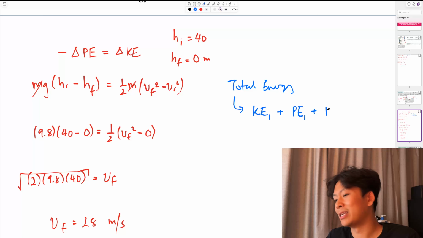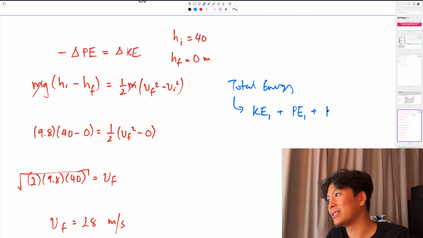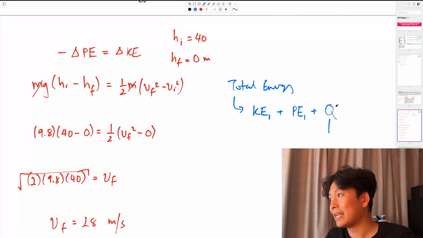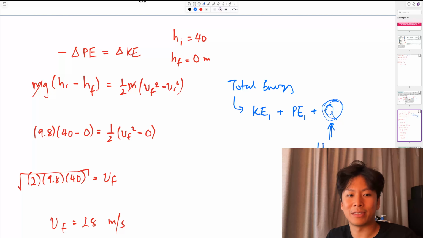Thermal energy is normally denoted by Q, so I'll just use Q, plus the thermal energy that's produced in the process, right? And that part there is just the work done by friction and air resistance.